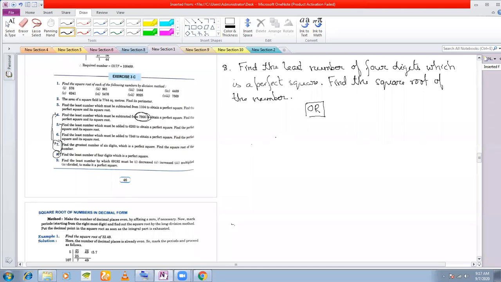So the same question could have been given to you as: what least number must be added to 999 to get a perfect square?